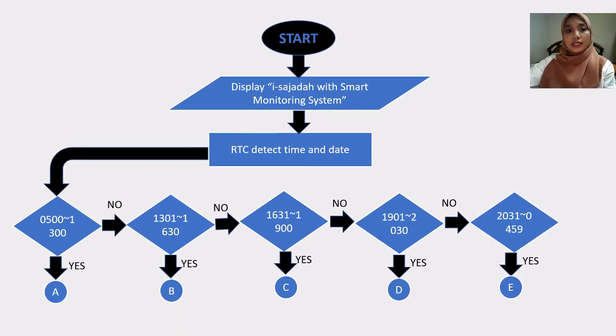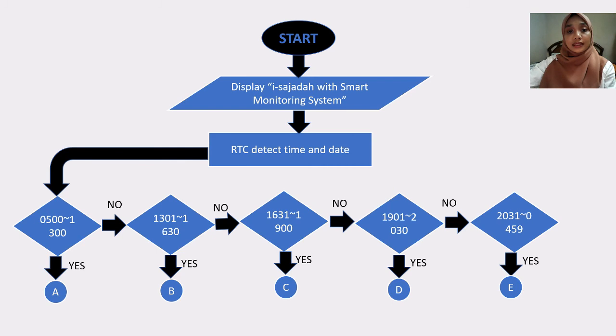The step-by-step process of the operation of the i-sajadah with monitoring system can be summarized as follows. First, after it starts, it will display i-sajadah with monitoring system. The I2C OLED will initially display the project title, i-sajadah with monitoring system, on the controller.